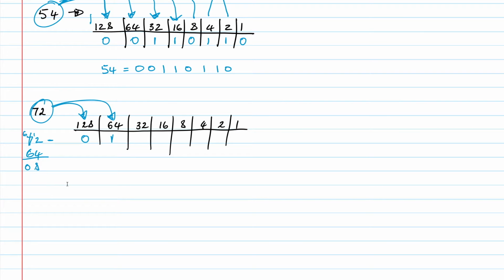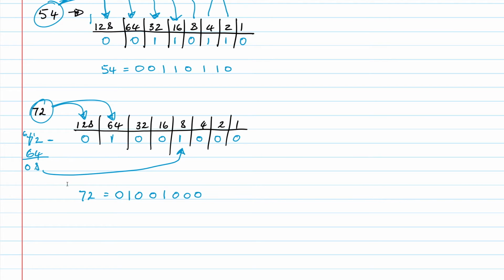Well, look at this, that one there is spot on. So I'm going to skip ahead and put a 1 there. So I can tell you now that the number 72 is equal to 0, 1, 0, 0, 1, 0, 0, 0.